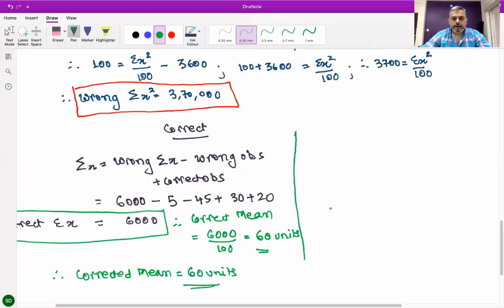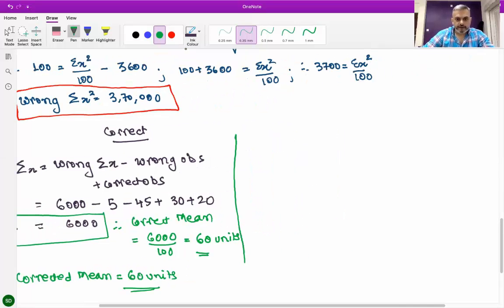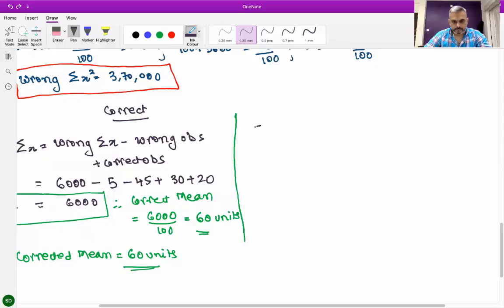Now, let's go for sigma x squared. This is important. Please pay attention over here.